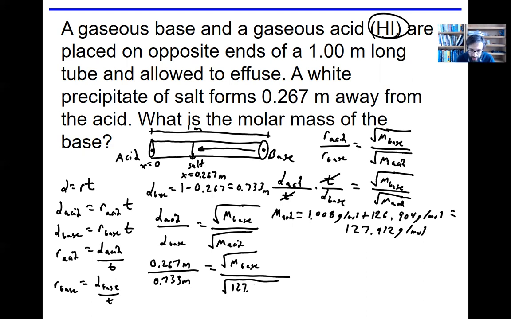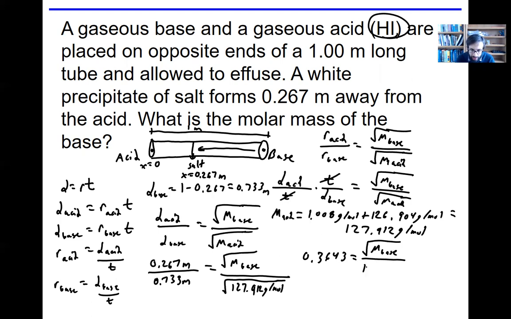And we'll plug that in for our M acid. Now at this point, it's just a little bit of algebra. So 0.267 divided by 0.733 turns out to be 0.3643. And M base, again, is our unknown.